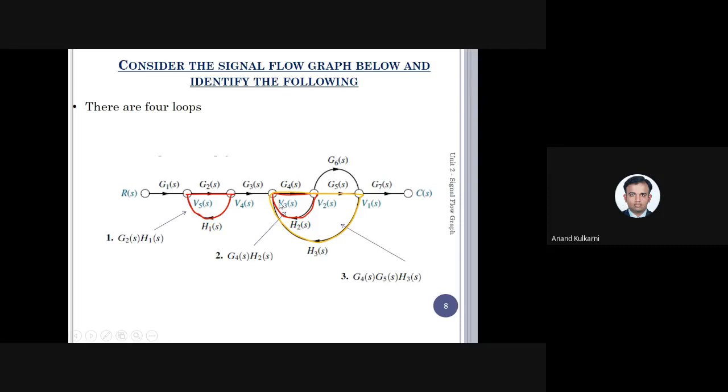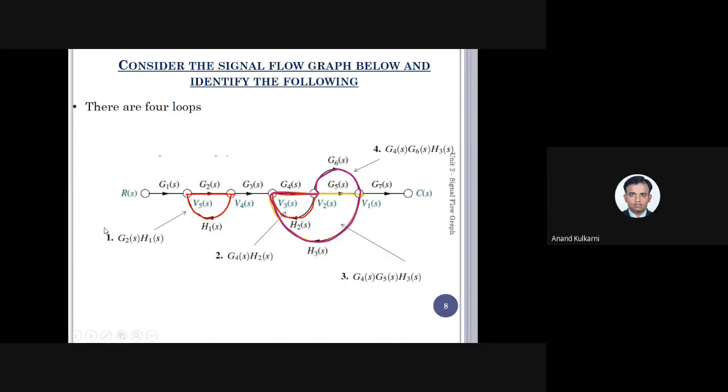Similarly, this yellow color and this red color, this is one loop and this one is a loop. They do not have a common node and they are not touching. So this is the second loop pair. Then the third, this pink color and this red color, again this is one loop and this one is a loop. So again these are a non-touching loop pair.